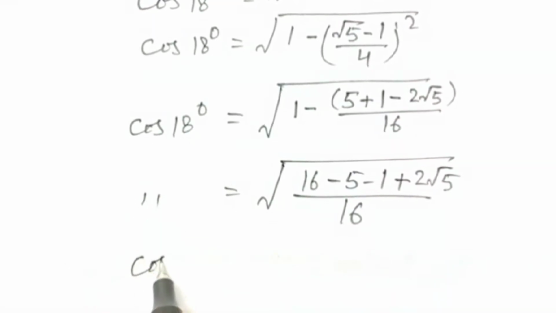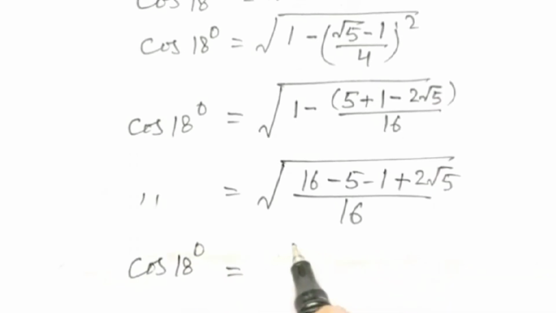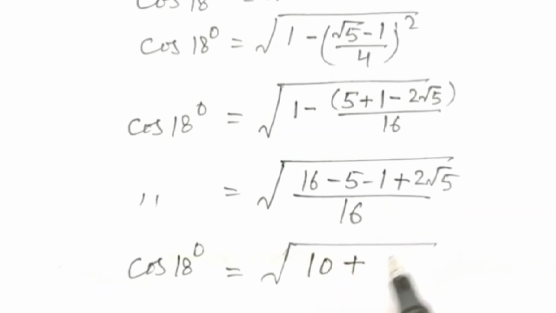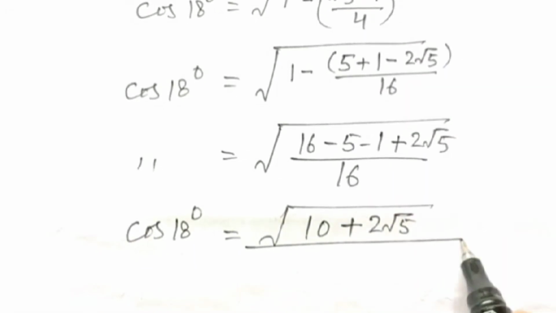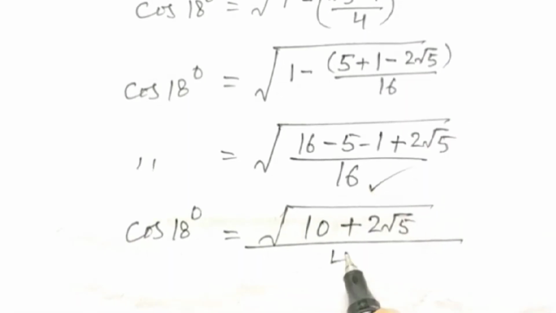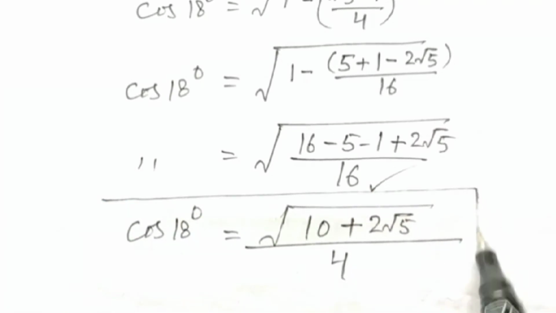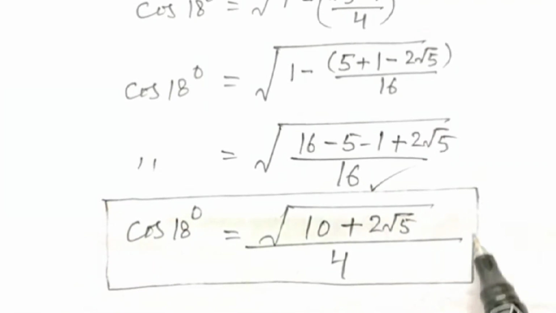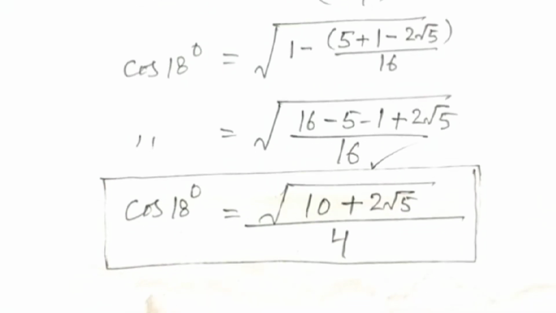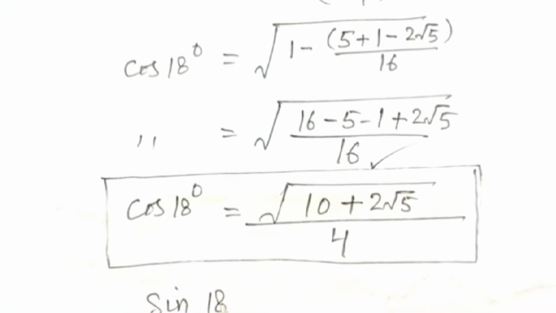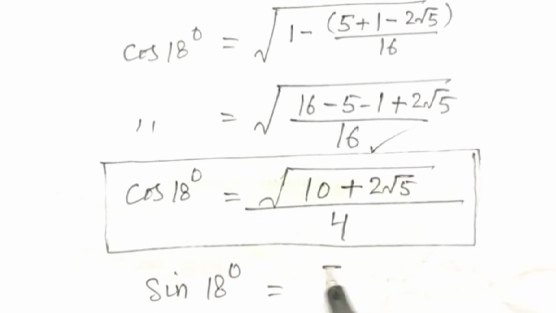So cos 18 degree is equal to square root of 10 plus 2 square root of 5 over square root of 16, which is 4, right? So cos 18 degree will be this, and sin 18 degree is equal to square root of 5 minus 1 over 4.